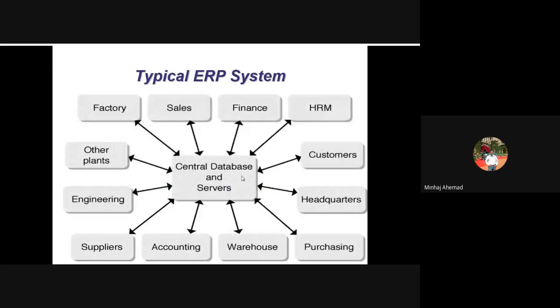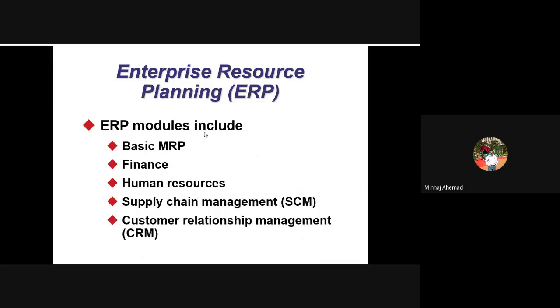So this is the typical ERP system. All these are the elements of enterprise resource planning. There are various modules of ERP. This is supply chain, this is customer relationship, human finance, basic MRP.